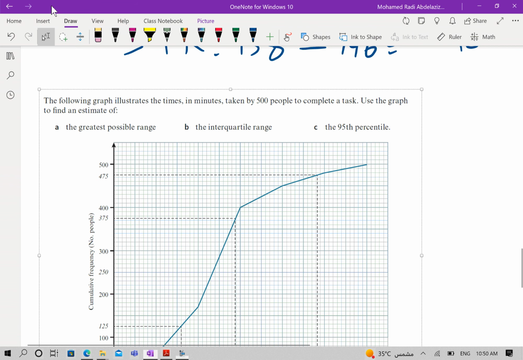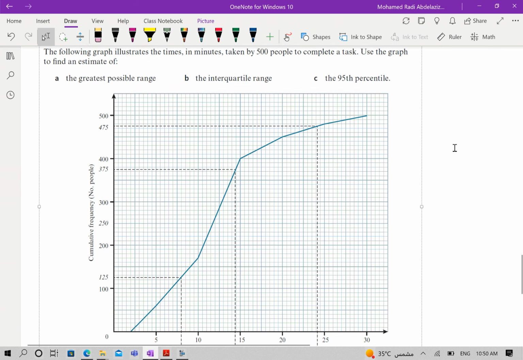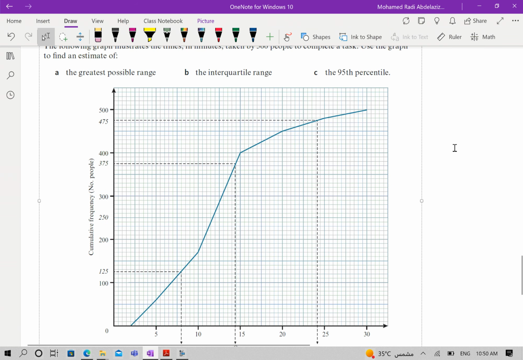How do we calculate the median, the upper quartile and the lower quartile from the cumulative frequency graph? I will tell you. We divide the data into 4 quarters. The highest value, opposite to 500, divided by 2 will be 250.